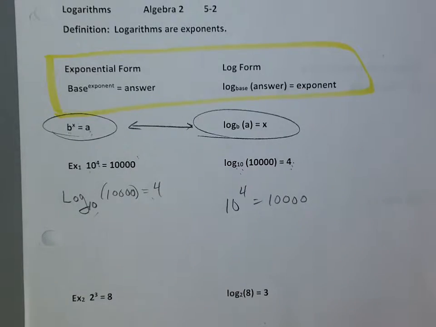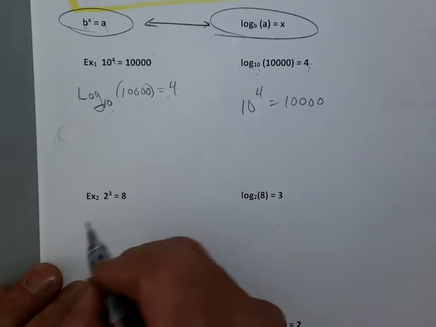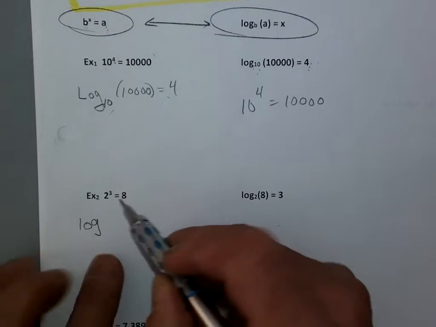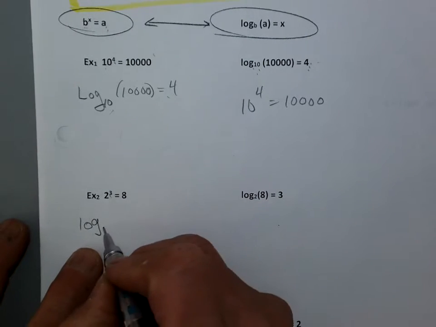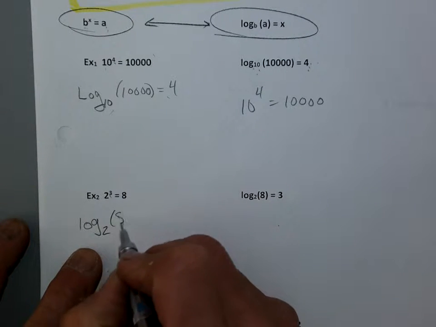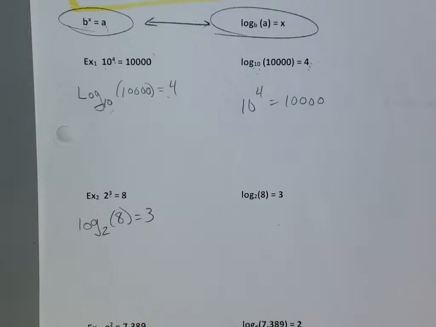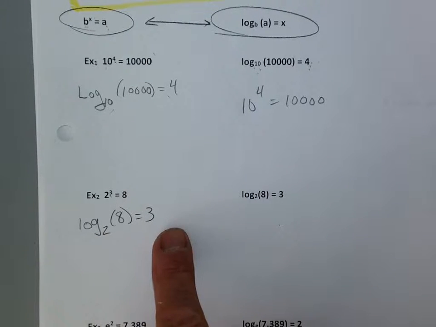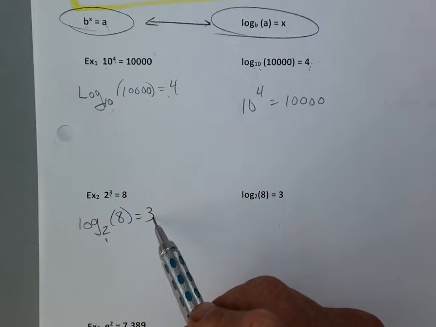Now example 2, we do the same thing. We're going to go log, the 2 is my base, log base 2 of 8 equals my exponent. Thumbs up on what I'm doing. Your calculator doesn't do log base 2, but if you could do log base 2 of 8, you would get 3, because it is really saying 2 to the third power equals 8.